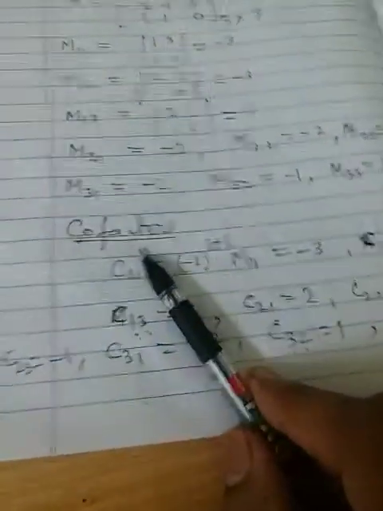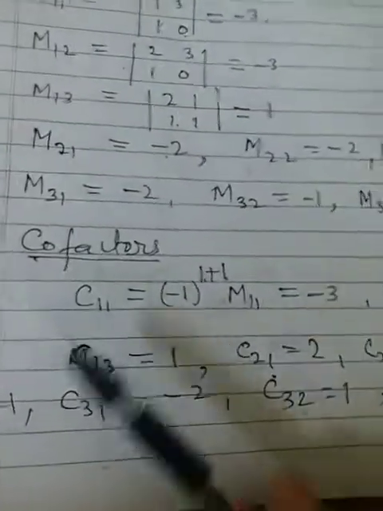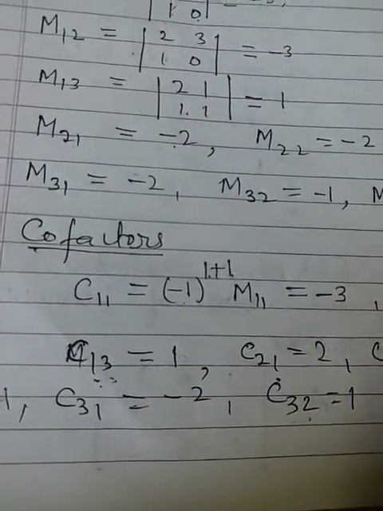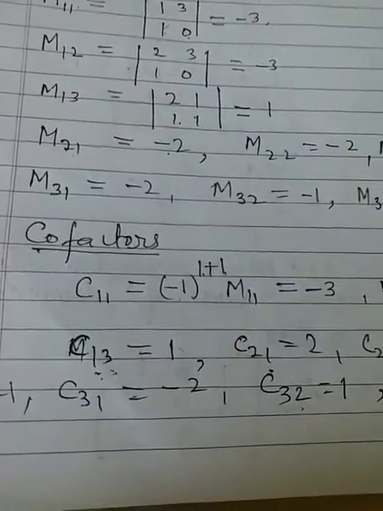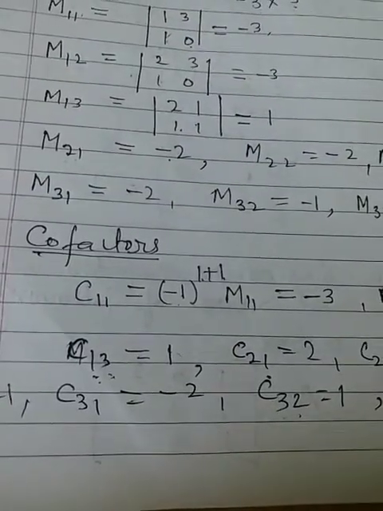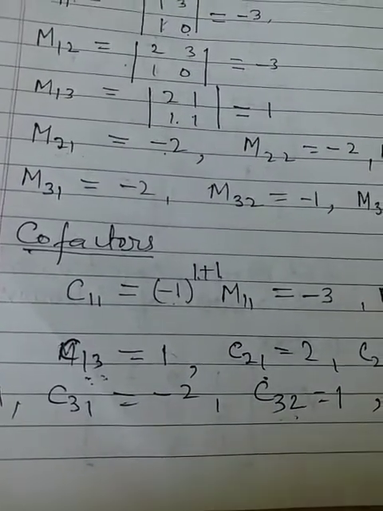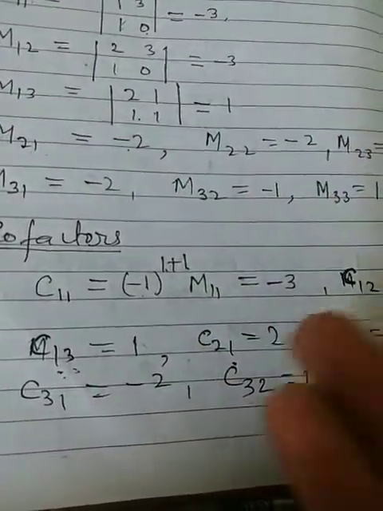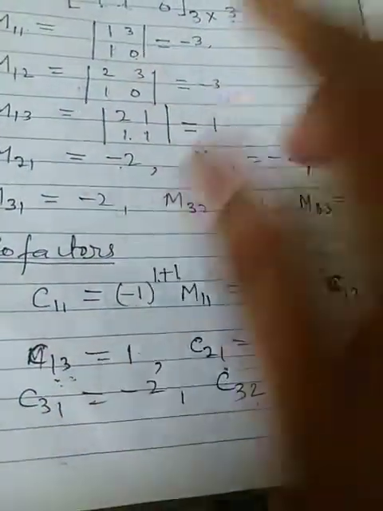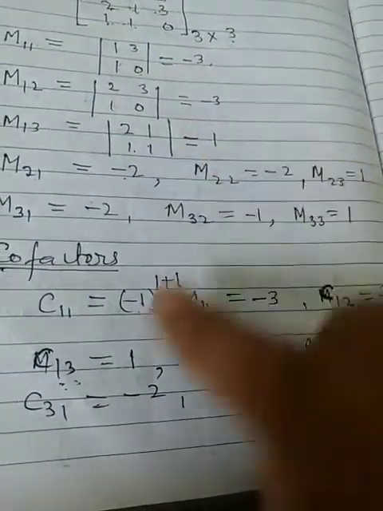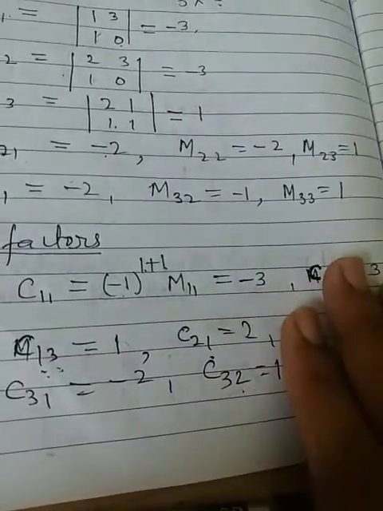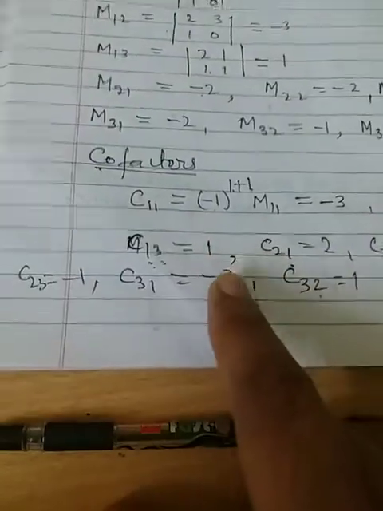Again, cofactors. As I told you, to find cofactors, you just place the sign of the position before the minor. For a minor we don't have any sign before it, but in case of a cofactor we have to mention the sign of its position, and that is very easily calculated.